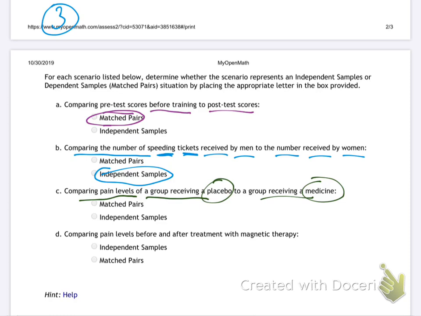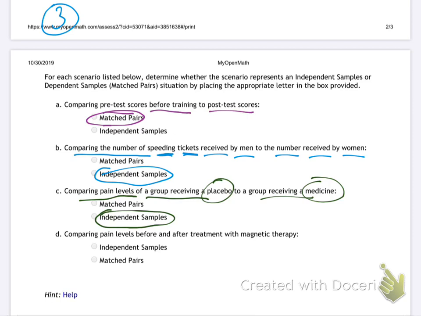What do you think? That's just independent again, because it's two different groups. There's no necessary matching between the groups. Whereas if they gave the same person a placebo one time and a week later gave him an actual medication and took the pain level differences, that would be matching up.